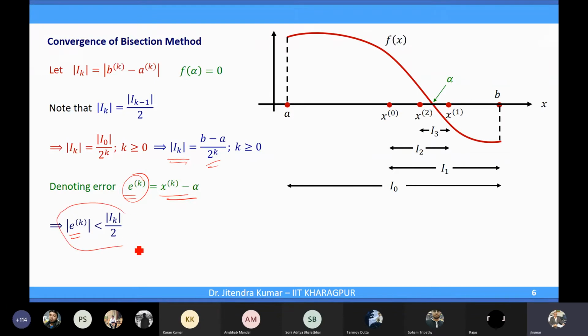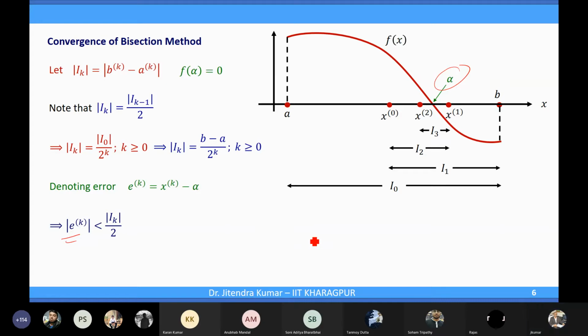Why this relation? Can someone tell me? Why is e_k less than I_k by 2? See, you have this alpha, for instance, there.